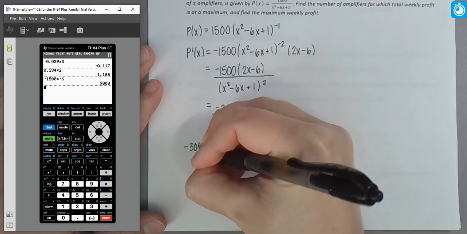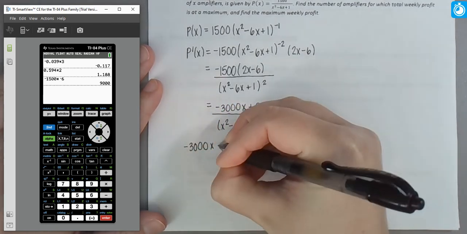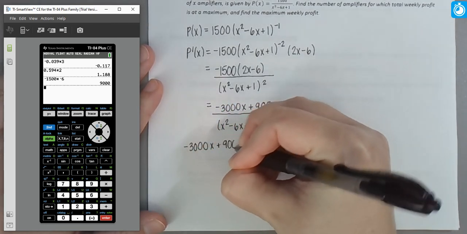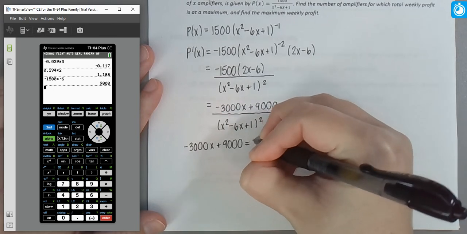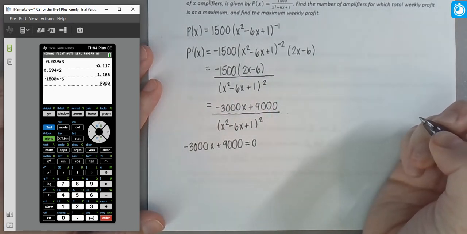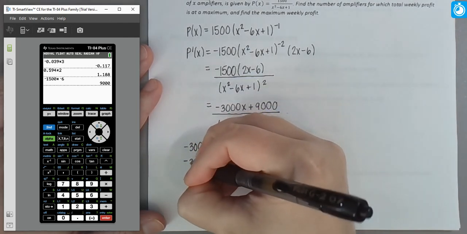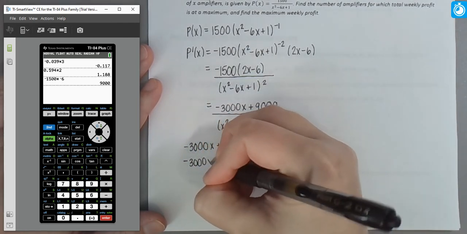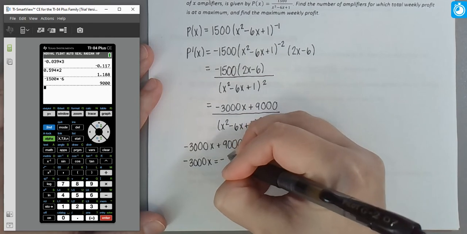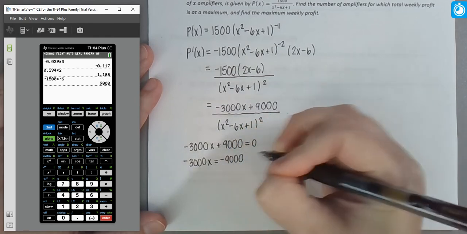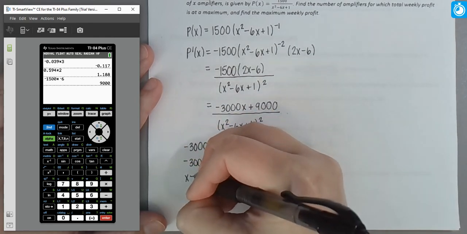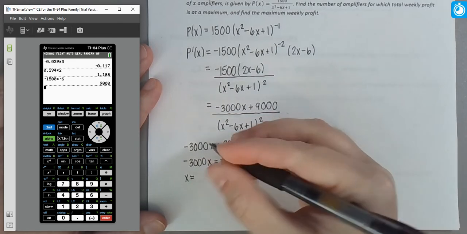So negative 3000x plus 9000 is equal to 0. I want to solve for x, subtract the 9000. So negative 3000x is equal to negative 9000, and so x is equal to 3.